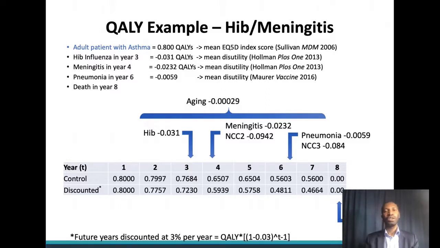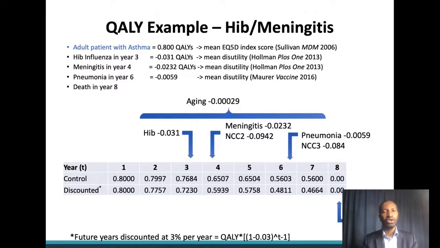And furthermore, suppose that each year of aging contributes to a reduction in QALYs of 0.00229. Then we can calculate the QALYs over the lifetime of this individual up to year 8 when death occurs. So we start off with 0.8.